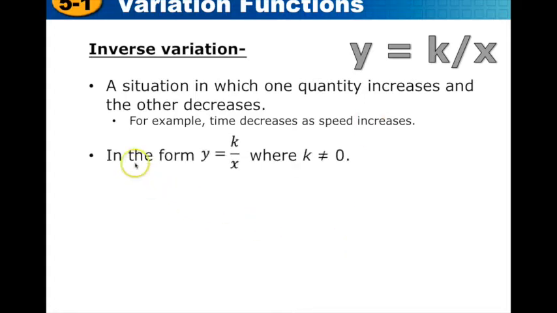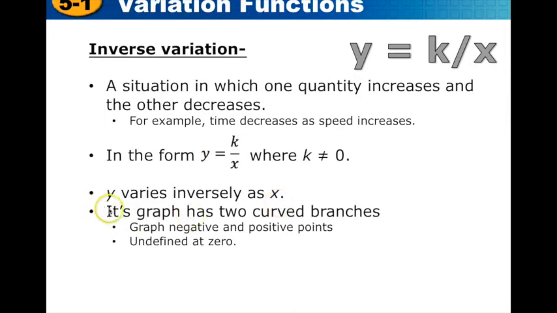Inverse variation is written in the form y equals k divided by x. So k over x is inverse, and we read this as y varies inversely as x. The graph of this has two curved branches, and it looks like this.